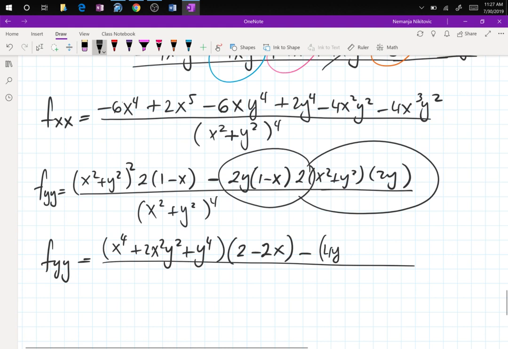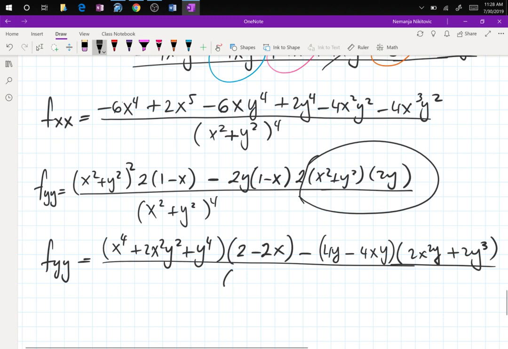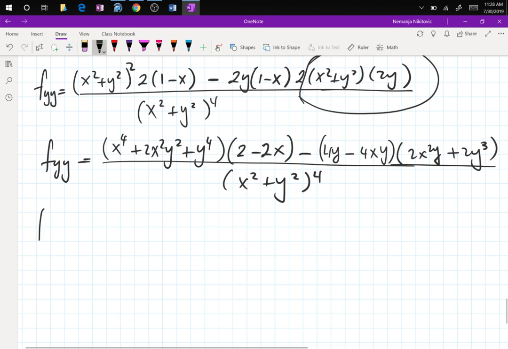So 4y minus 4xy times, now in the second circle without including the 2, we have 2x squared y plus 2y cubed, divided by x squared plus y squared to the 4th. fyy is not a problem at all, as you can see.